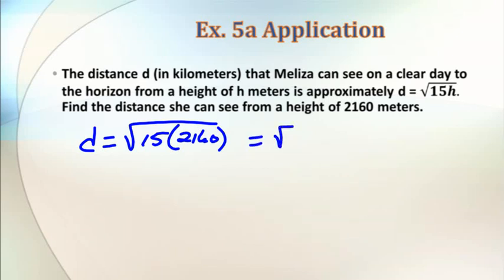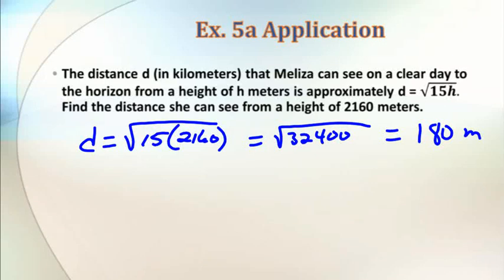324,000. Square root of 324,000, or 32,400. And then the square root of 32,400 will give you an answer of 180. 180 meters is the distance you can see from the height of 2,160 meters.